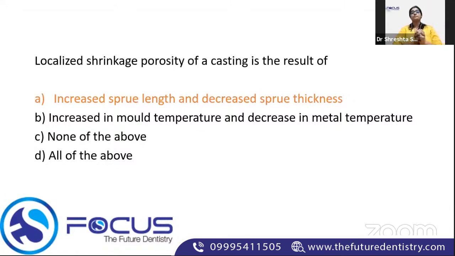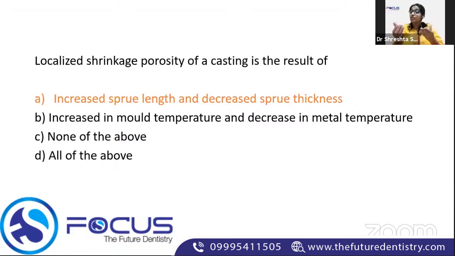Okay, sorry. You will have to weigh the answers before you go and answer them, because this is very confusing. I understand, because the first thing that must have gone into your mind is an increased mold temperature. But if you have an increased mold temperature, there are chances that your molten metal will flow more. The mold temperature can also help it flow.